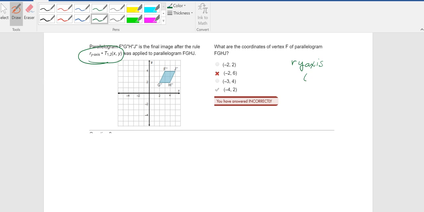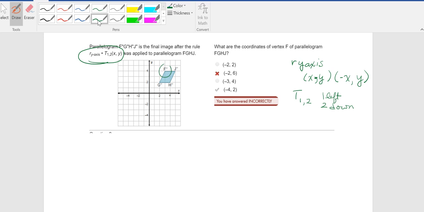To reflect across the y-axis, the original coordinates x, y become -x, y. And then they have a translation that was 1 to the right and 2 up. So instead we want to go in the opposite direction. We're going to go 1 to the left and then 2 down.